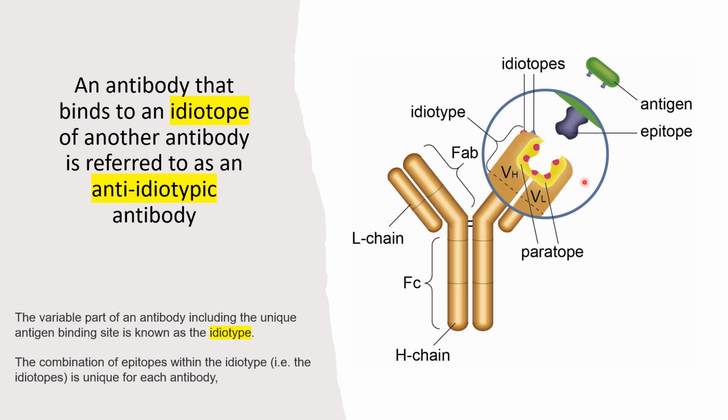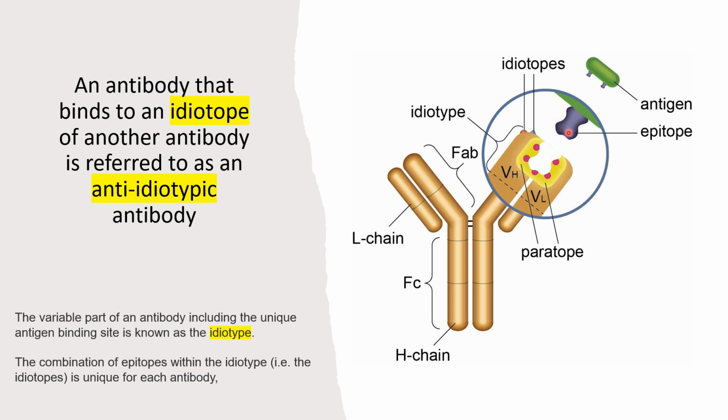It all focuses around the variable domain. First of all, when we consider the interaction between the variable domain of an antibody and the antigen, where the antigen could be a whole bacterium or a specific protein, within the antigen there will be a very specific region which is actually recognized like a key fitting into the lock, if you like, similar type of terminology used for enzyme substrate interaction, a shape-specific interaction.